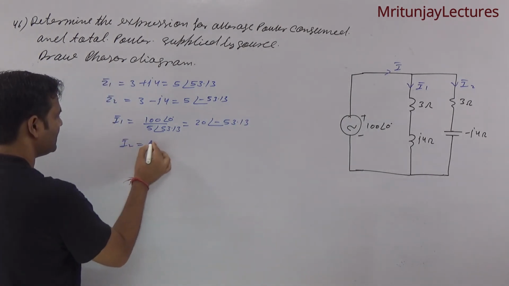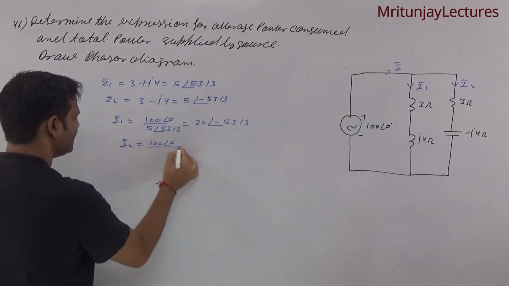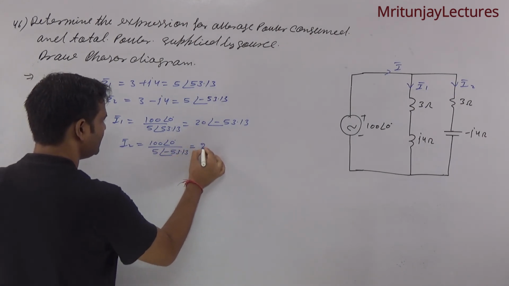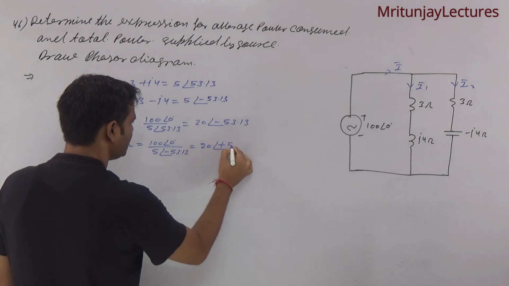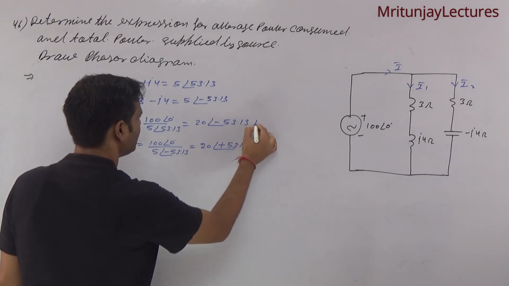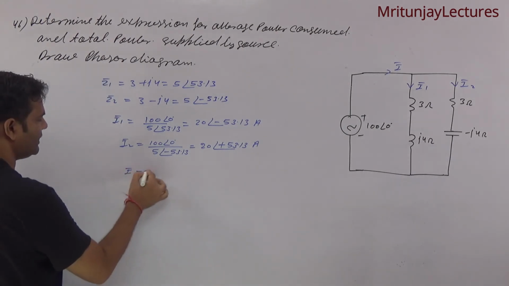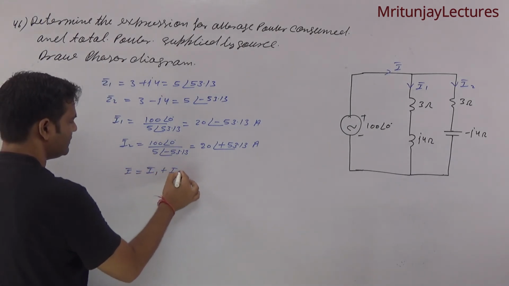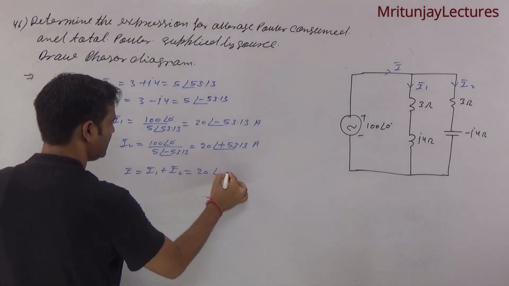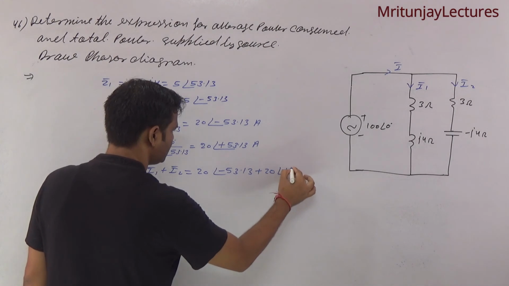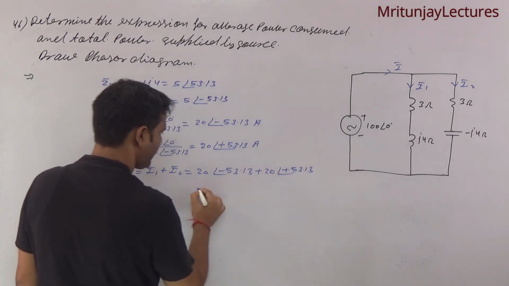And what about I2? 100 at the angle 0 divided by 5 at the angle minus 53.13, that is 20 at the angle plus 53.13 ampere. Okay, now what about I1 plus I2? 20 at the angle minus 53.13 plus 20 at the angle plus 53.13.